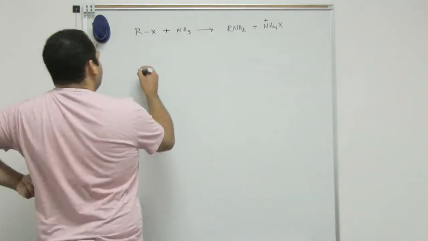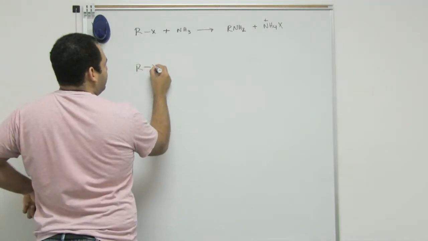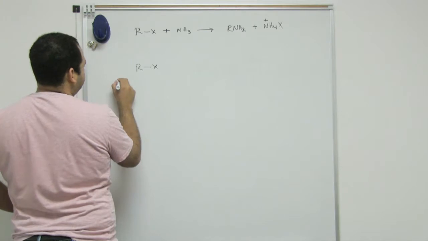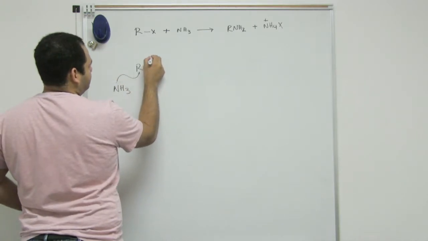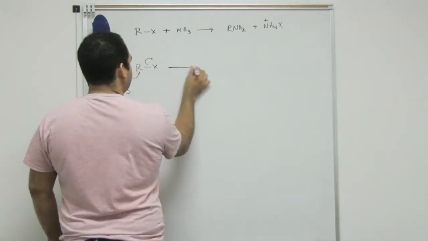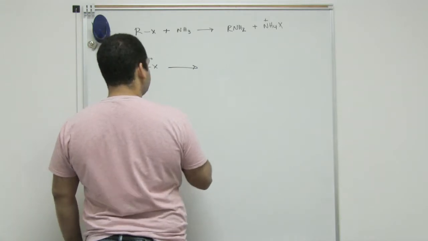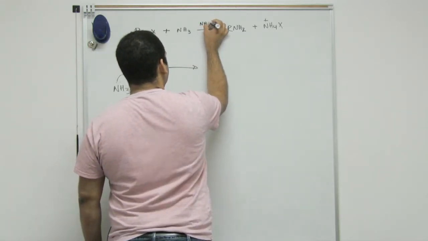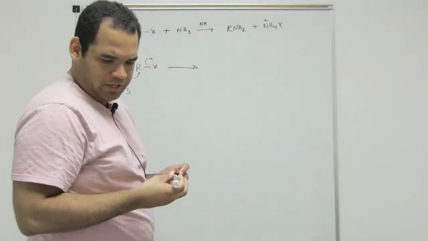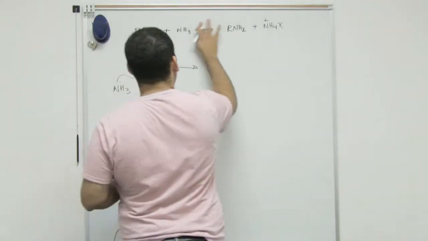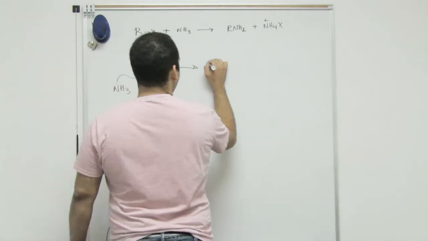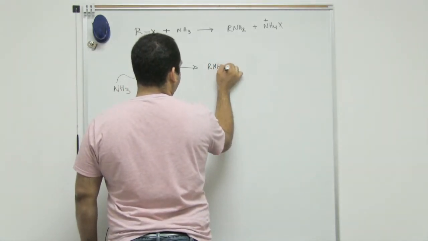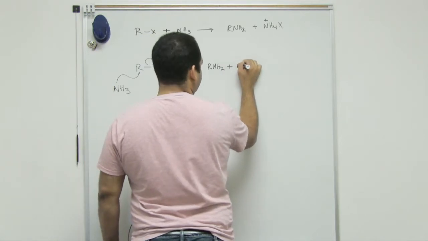So what happens here, basically we have our alkyl halide, we have ammonia, and then we got our first product. This is carried out under NH3. Yeah, I do have NH3 there, so I want to use it. But we do have the formation of this guy plus this guy here.